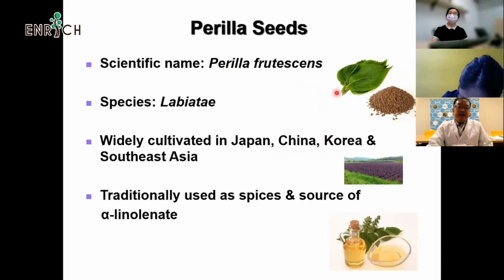One is green leaf, and the other one is purple. These are both edible leaves. And also, seeds contain a huge amount of oil, including alpha-linolenic acid, which is considered a healthy cooking oil.